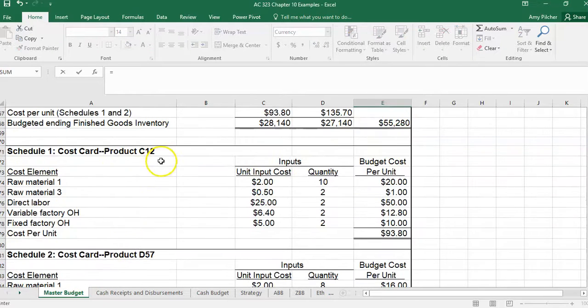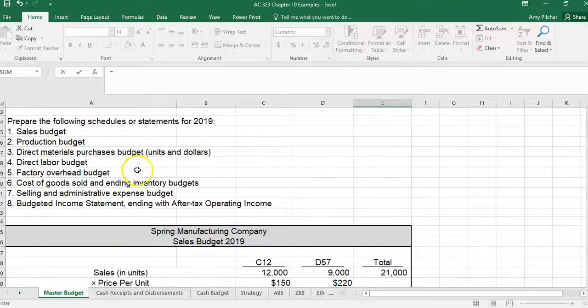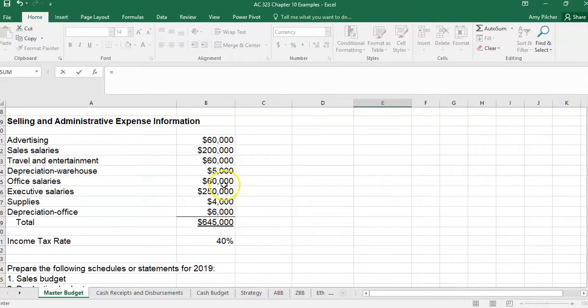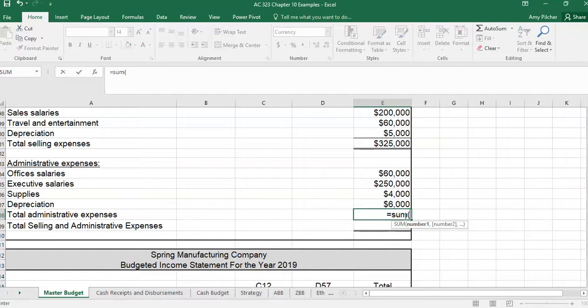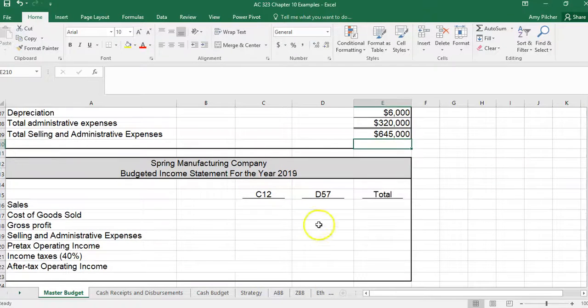Pull down our administrative expenses. And then the last thing we can do is create our budgeted income statement based on all of the information from our other schedules.